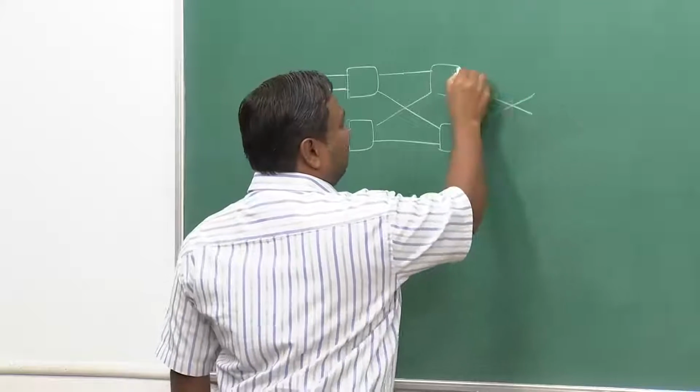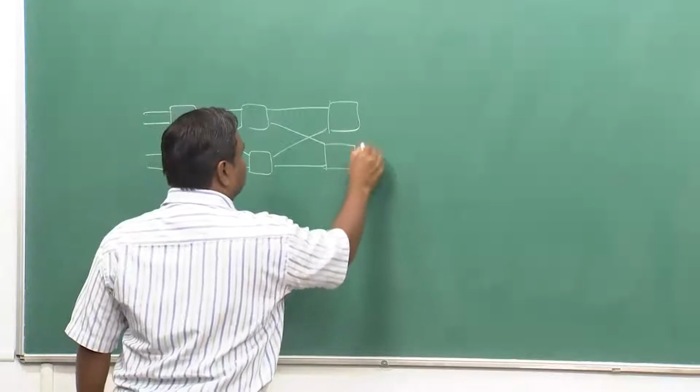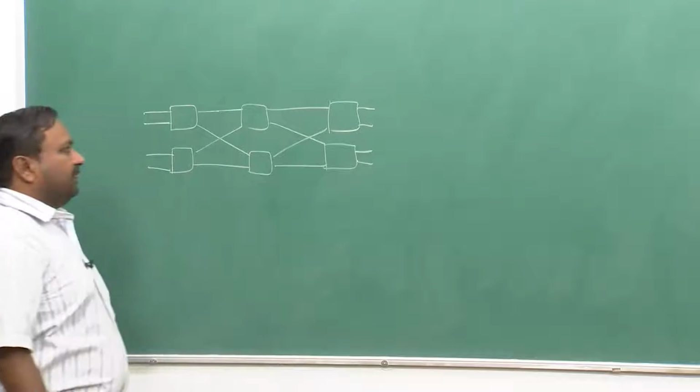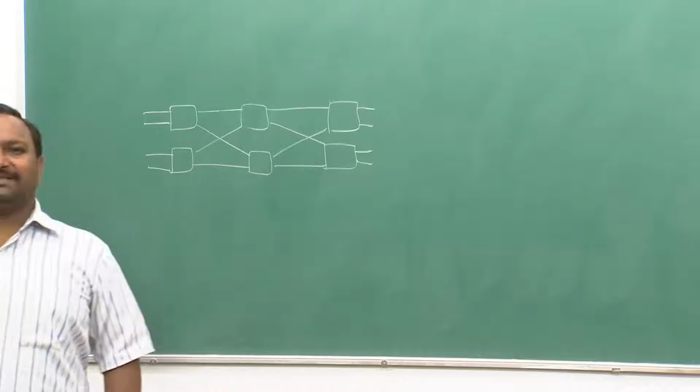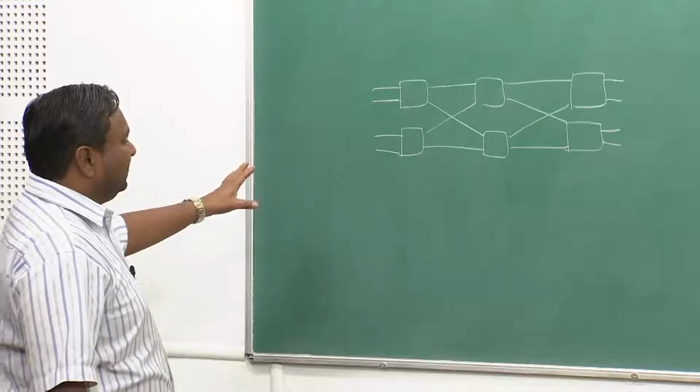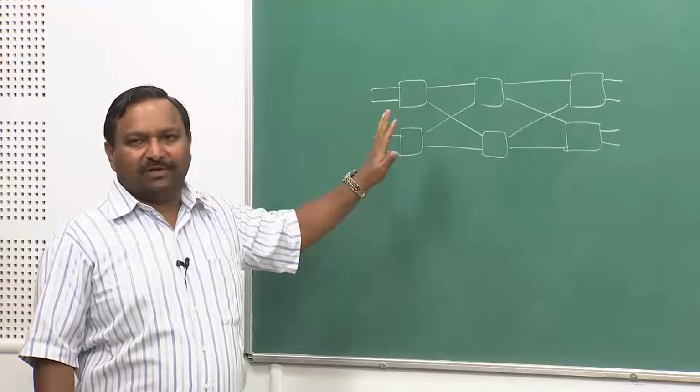You can appreciate that this is a closed network. In fact, this kind of configuration becomes the Baines network. This is a 4 by 4 switch, okay. But remember, this is a blocking switch.